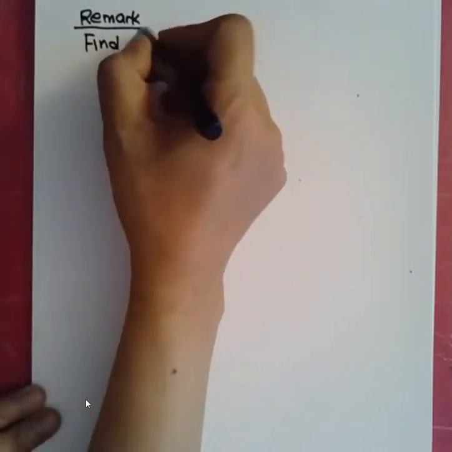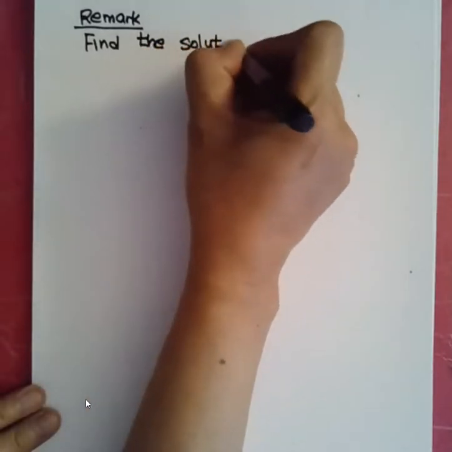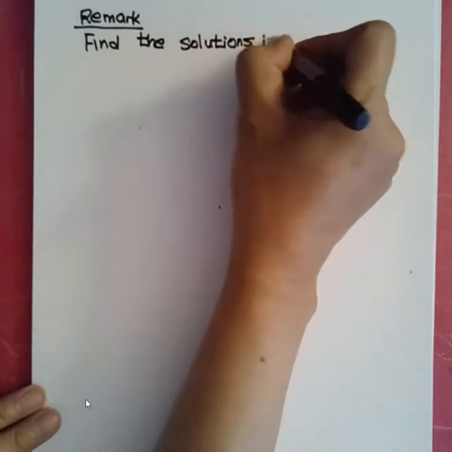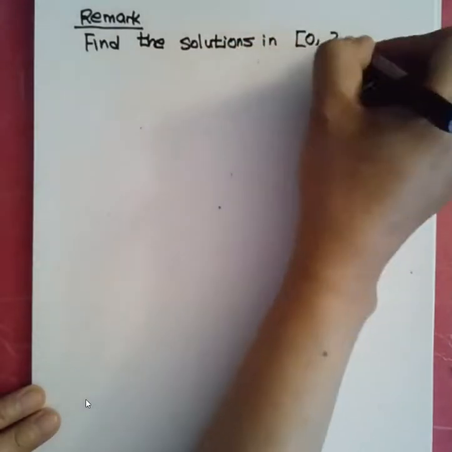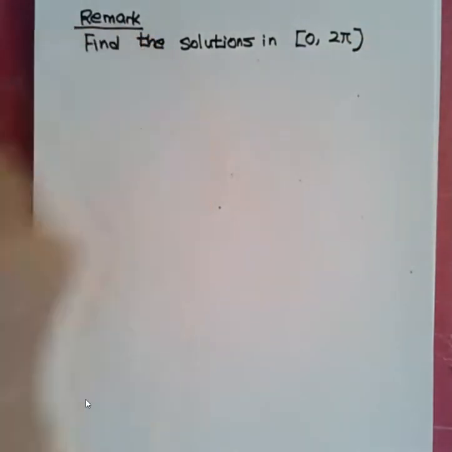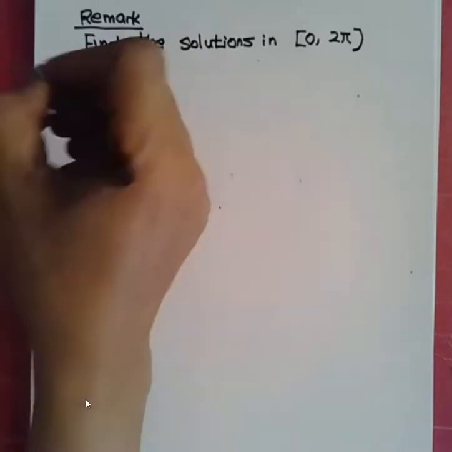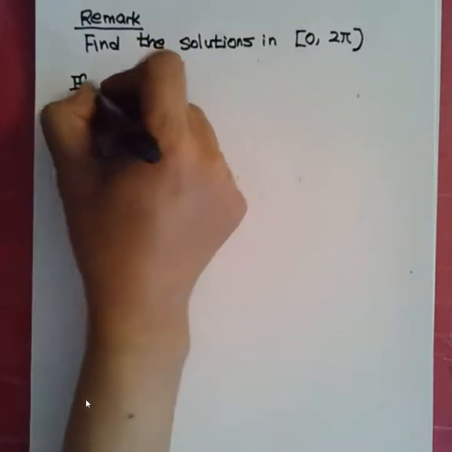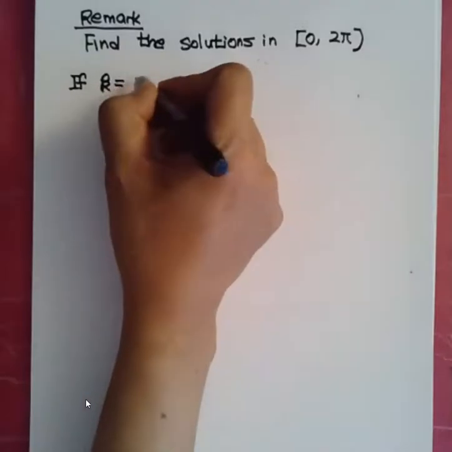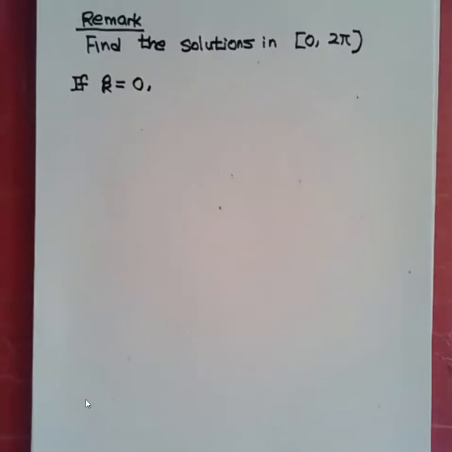If the problem asks you to find the solutions in the interval from 0 to 2 pi, then we have to work with k. So we will start to put k equals 0, 1, 2, and k equals 3.